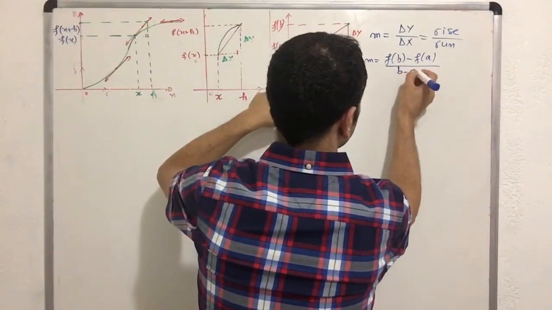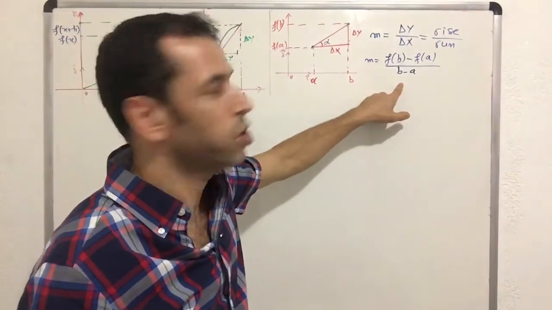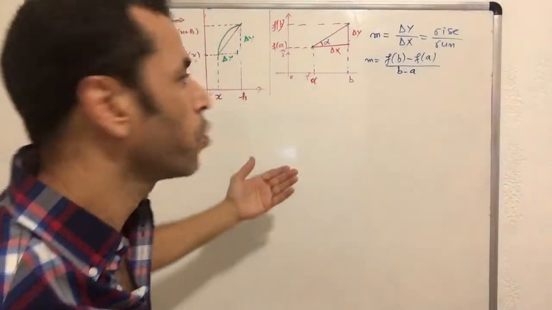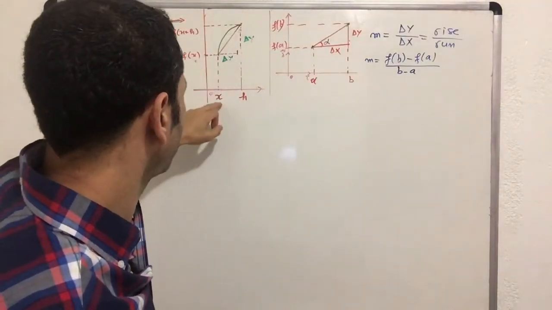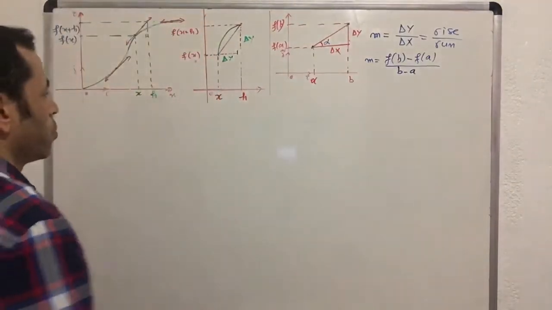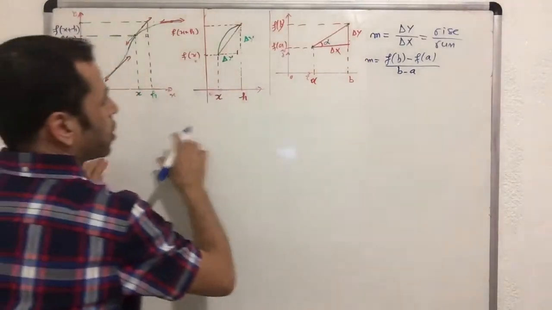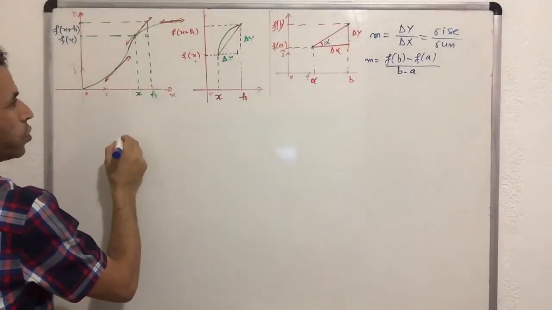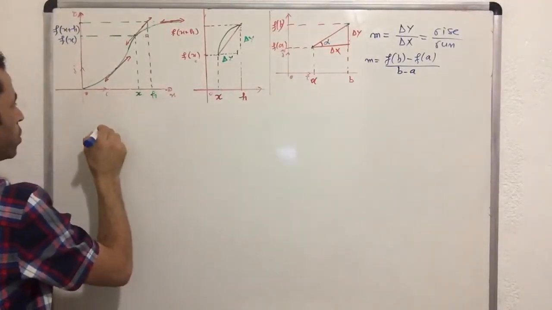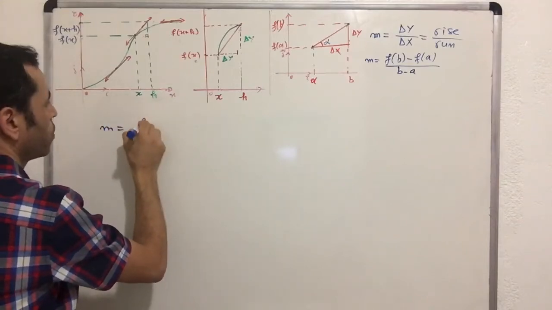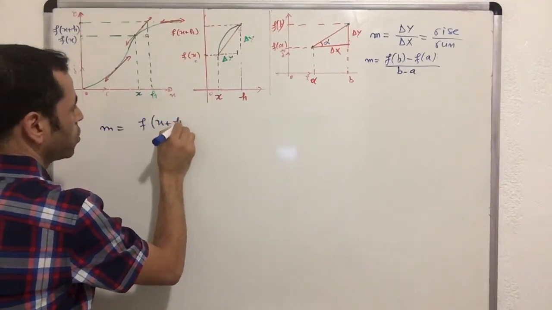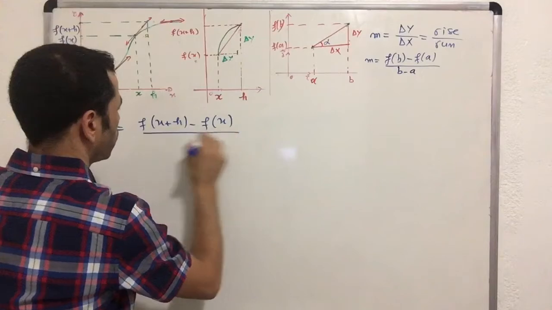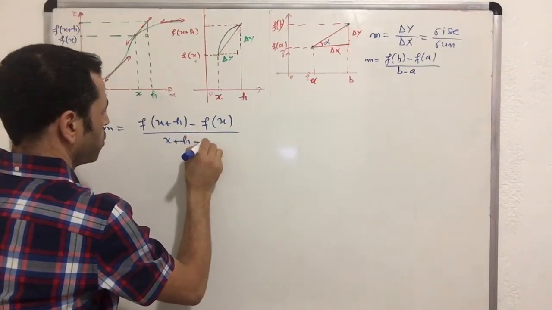So let's transfer this information to find the derivative at the point which we want, specifically at x. Let's write this as you see it here. Same thing. So what to do? m equals f of x plus h minus f of x over x plus h minus x.